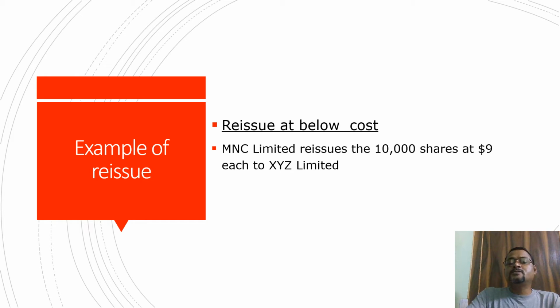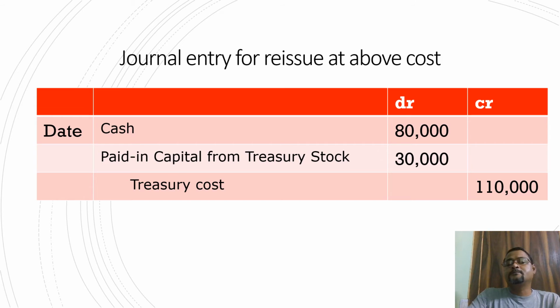However, if it is reissued below the cost, purchased at 11, reissued at 9, there is a loss of 2 rupees per share on reissue. Let's see first the journal entry. Treasury stock was purchased for 110,000, that is 10,000 into 11.